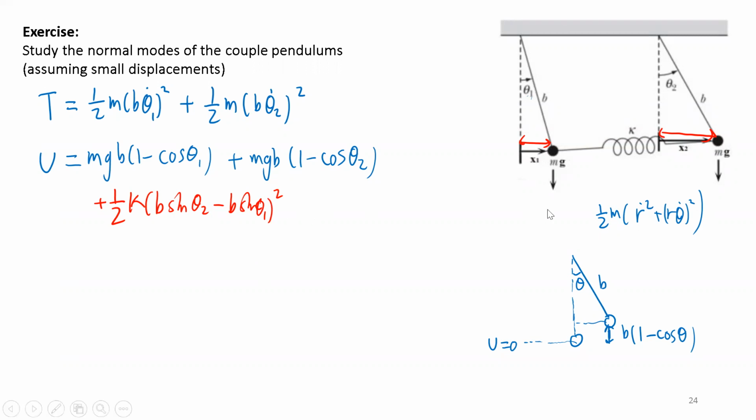Again, it doesn't matter whether x2 is really greater than x1, as in this picture. If I have x1 greater than x2, this expression for the potential energy still works because I have the square.